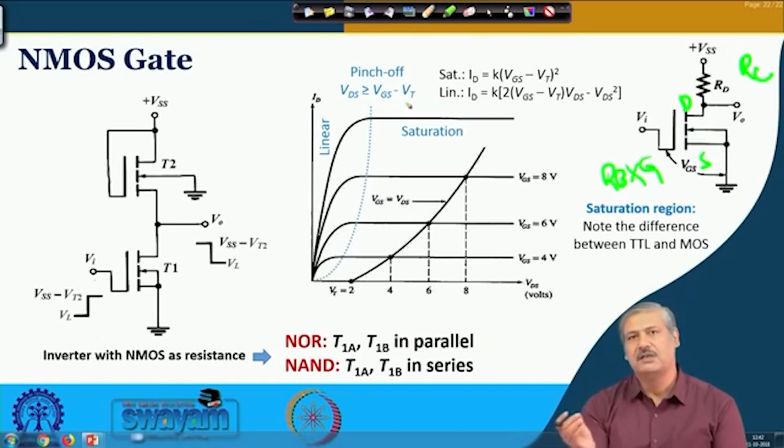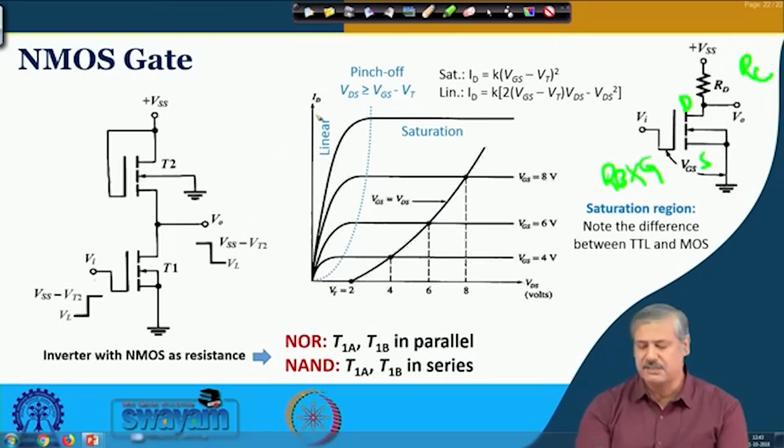Because of the pinch off effect, when VDS goes beyond VGS minus VT, the drain current ID will remain constant. This constant drain current is termed saturation, which is different from the saturation region we discussed in the case of the bipolar junction transistor, where we saw the equivalent IC versus VC curve.